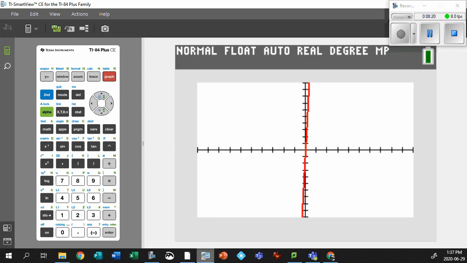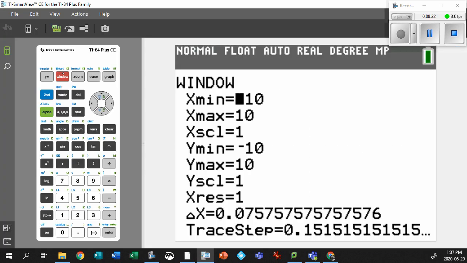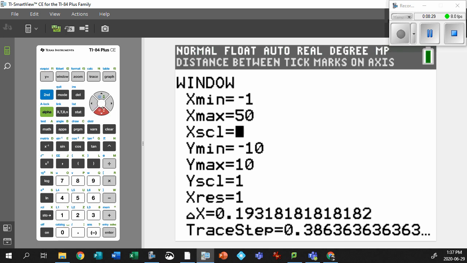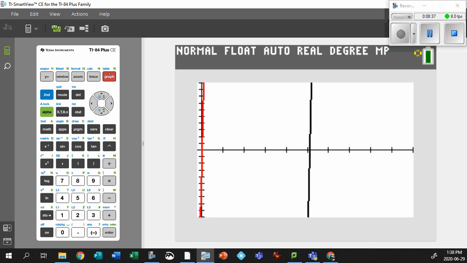Okay, so all right, here we go. Calculator time. Go to your window. Okay, minus 1 is good enough, so it shows the axis all the way up to x max of 50, and I'm going by a scale of 5s. Beautiful. Excellent. Okay, let's graph it and see what it looks like so far. Well, still looks kind of horrible now, doesn't it?